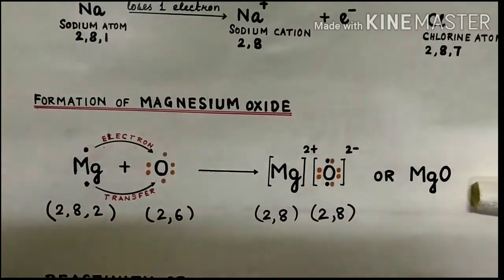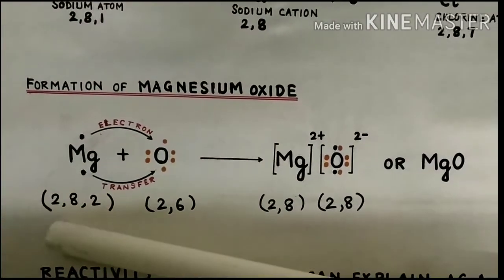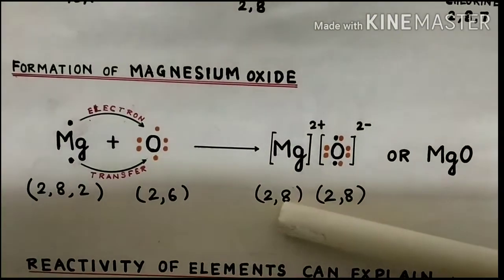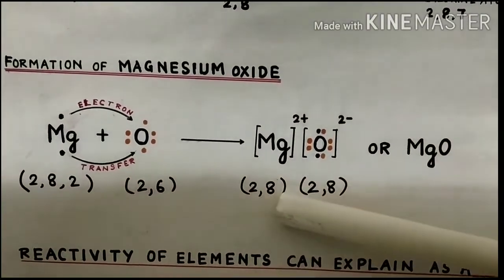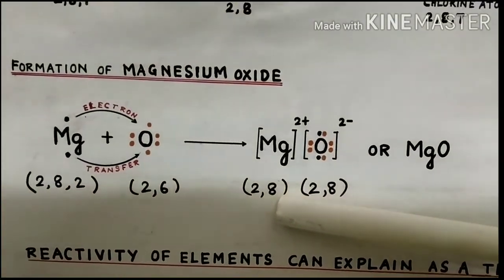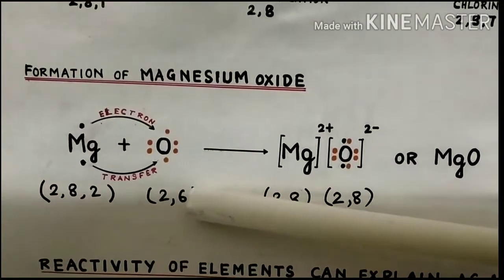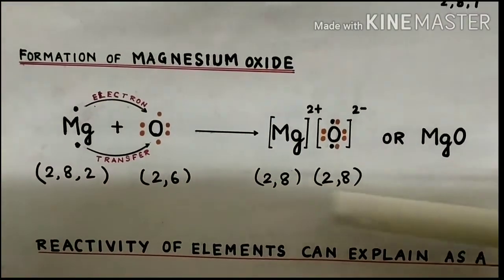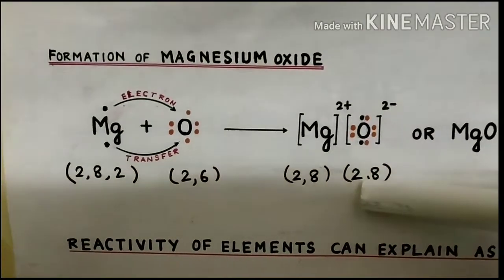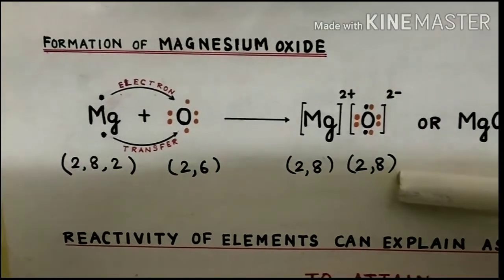magnesium oxide ionic compound. See here, their structure: magnesium 2,8,2 is gaining the stable octet structure 2,8, the nearest noble gas structure of neon. Whereas oxygen 2,6, converting to oxide ion, is gaining the 2,8 stable structure of neon.